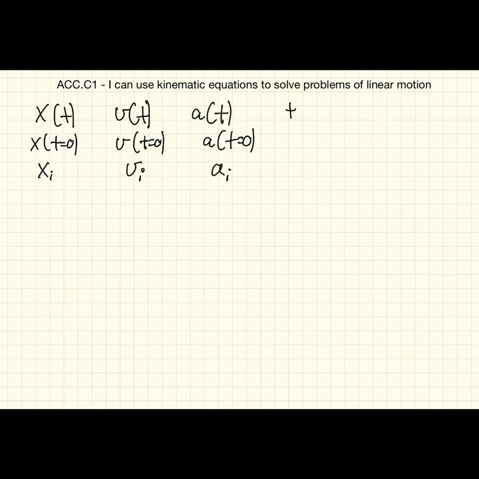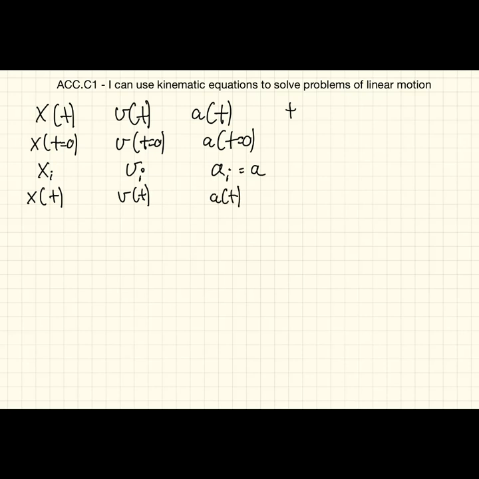Now, usually the acceleration is not going to change as a function of time. So in our kinematic equations, we'll just see it as a. We also could then ask the question, what is the position at a later value of time, the velocity at a later value of time, and again, the acceleration at a later value of time.